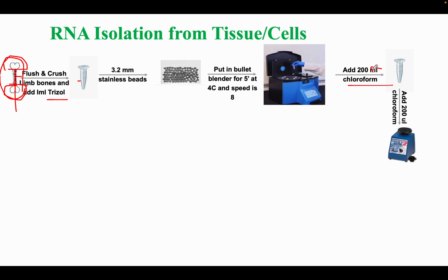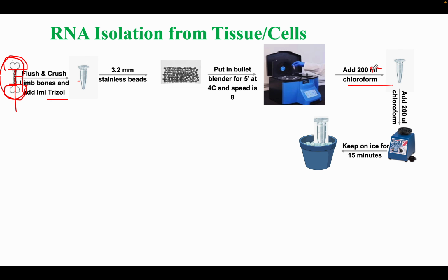microliter chloroform, and I will vortex it. The chloroform is known for phase separation. It will be helpful in the separation of different phases of organic molecules. I will put it on ice for 15 minutes as RNA is not thermostable.